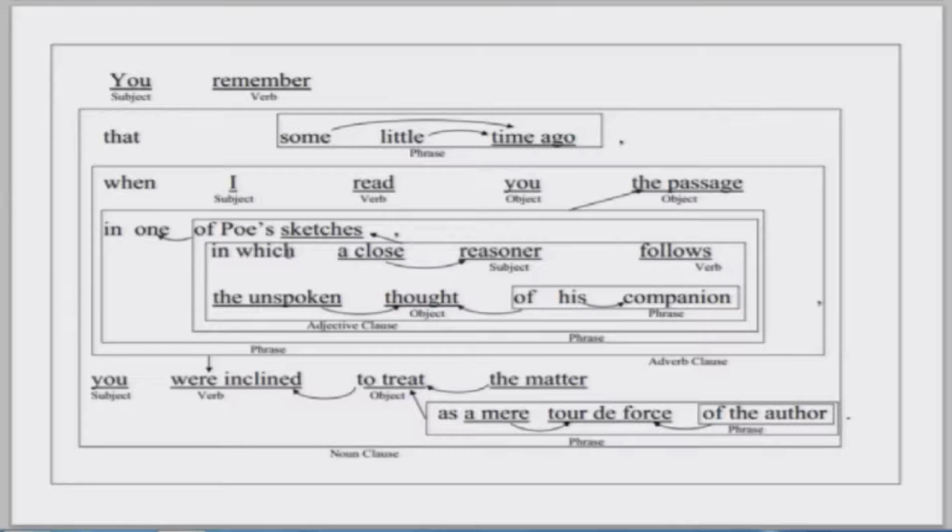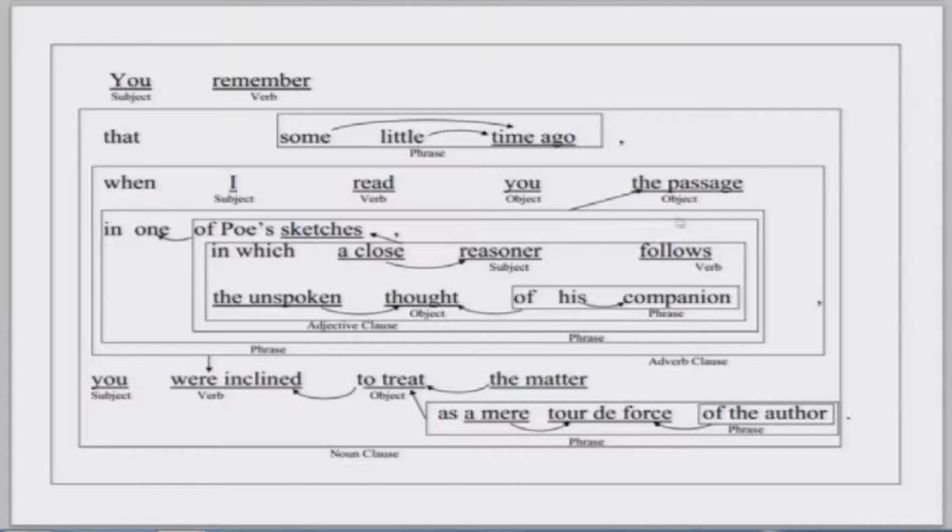in which, adjective clause, a close reasoner follows the unspoken thought. Adjective, subject word, together the subject, follows verb, thought, object, qualified by the unspoken, and thought is qualified by of his companion.